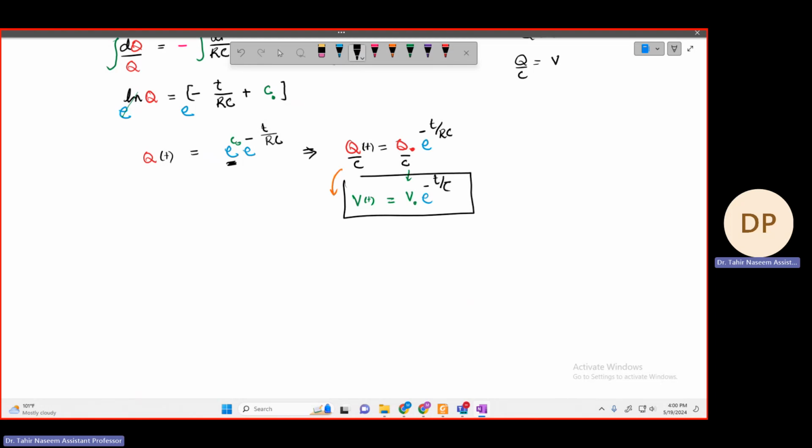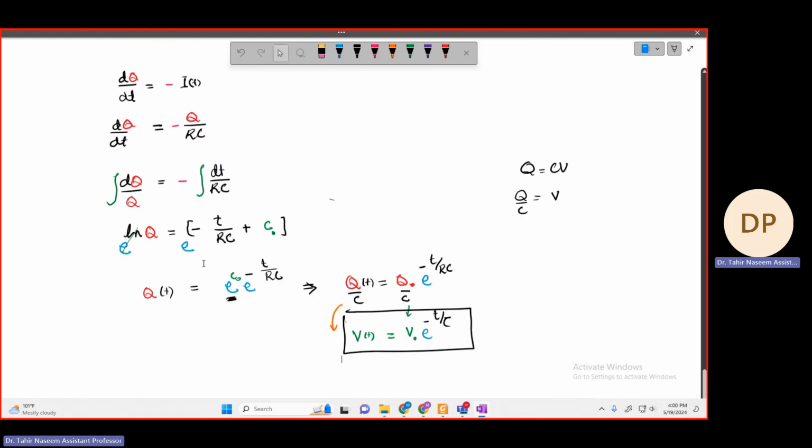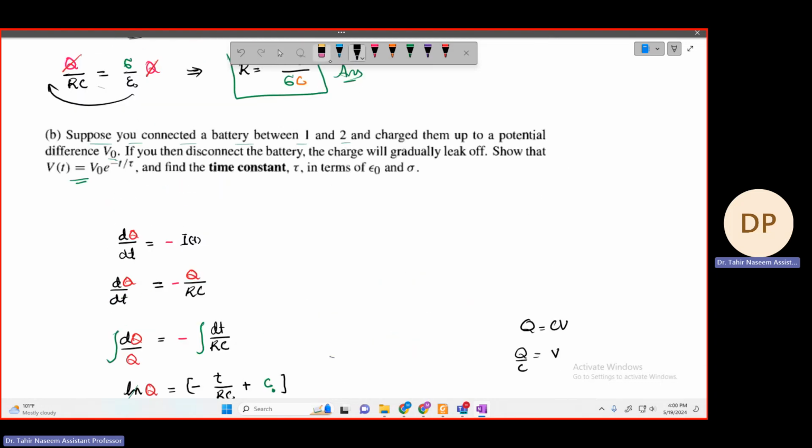So this is what we needed, V is equal to V naught exponential of minus t over tau. So if you see, we needed this answer.